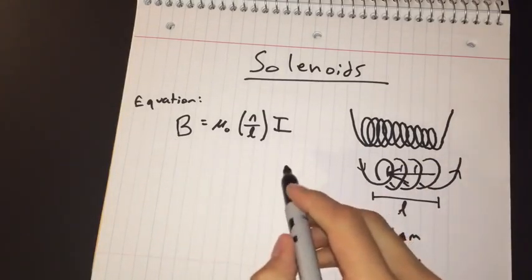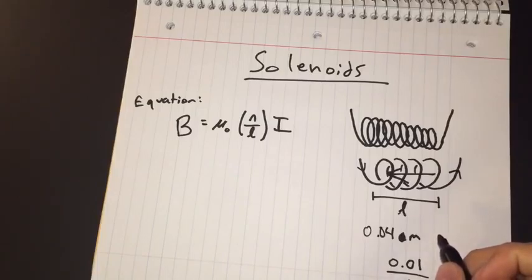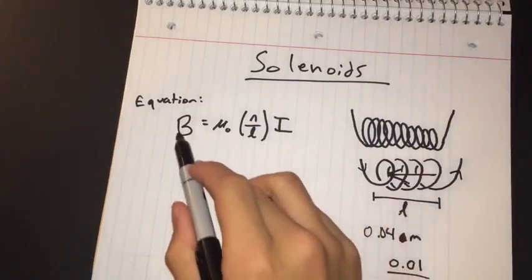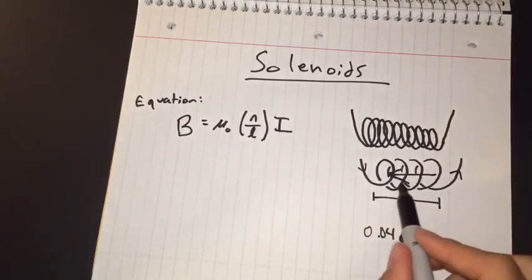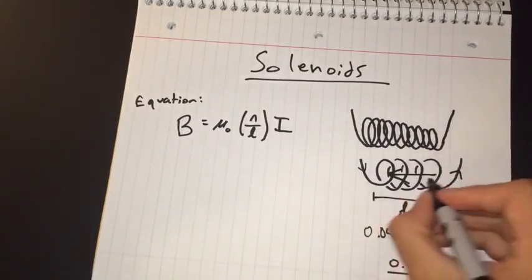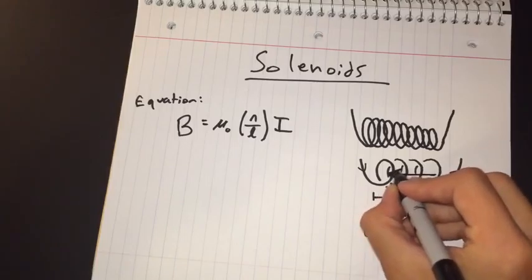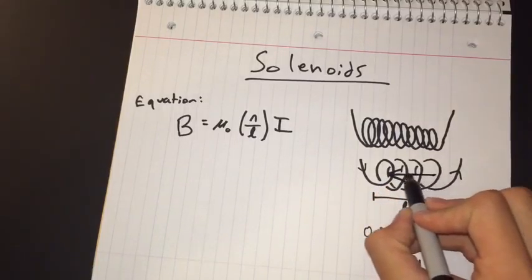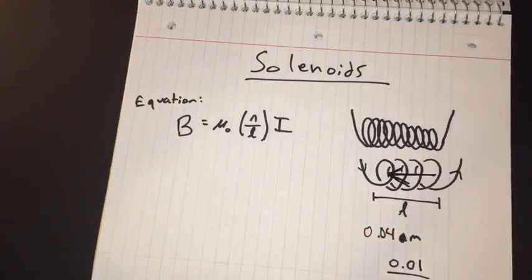This equation does not give you the B field of anything outside of the solenoid. It only gives you this constant B field that's within the solenoid. And that's the main purpose of a solenoid. So that's all you really need for a solenoid problem.